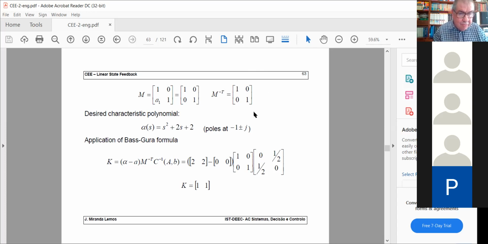So it's very simple. Now, what is the desired characteristic polynomial? It has poles at minus 1 plus or minus j. So remember, how can I find these poles?